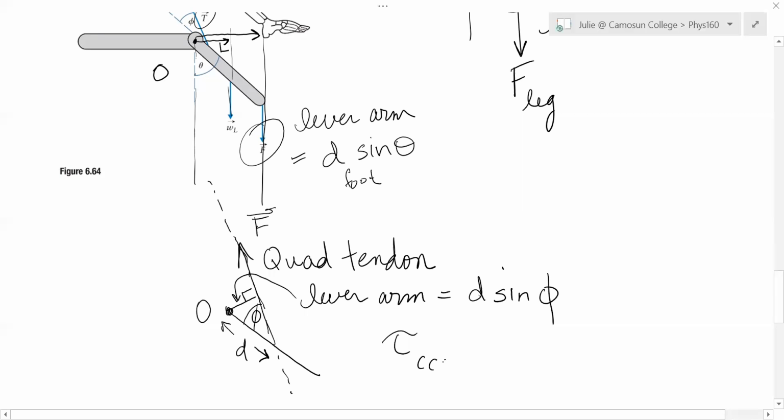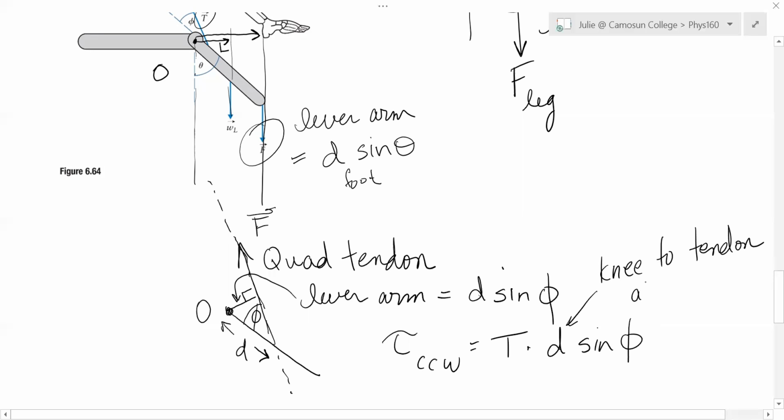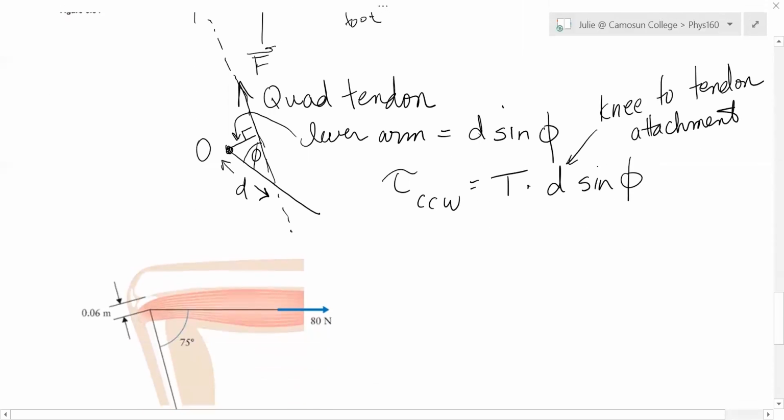So counterclockwise, it would be the T times D sine phi. And this D is from your knee to tendon attachment. Okay, so that's how you do that one.